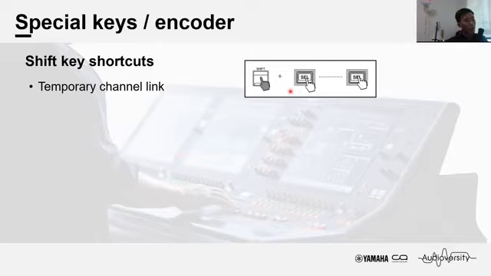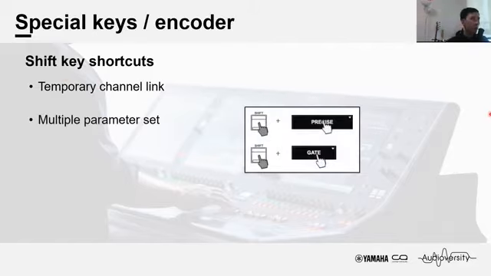What we use this for is maybe we want to bring up faders to a certain level, or adjust certain parameters. Maybe we want to put a high pass filter at a certain frequency for a bunch of channels, maybe like 10 channels, and we don't want to do it one by one or do it on one and start to copy paste. So we can just do a temporary channel link, set the high pass filter, unlink them, and that's it. It's quite fast to do that.